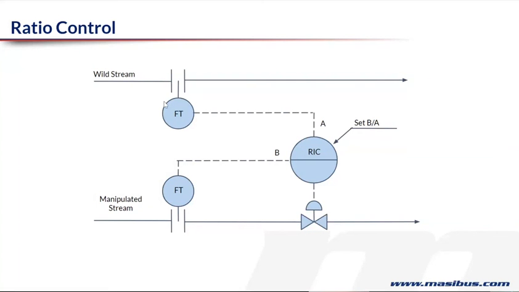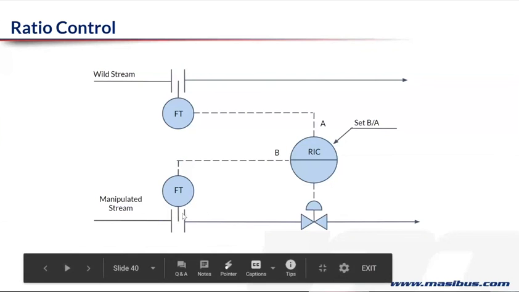So for the fuel flow, you put a flow transmitter and give it to a ratio indicating controller, so that based on this flow, it will feed forward the flow of the manipulated stream, which is the air.